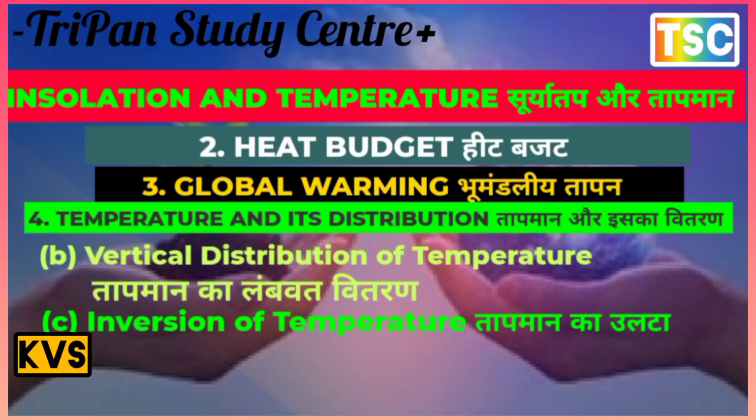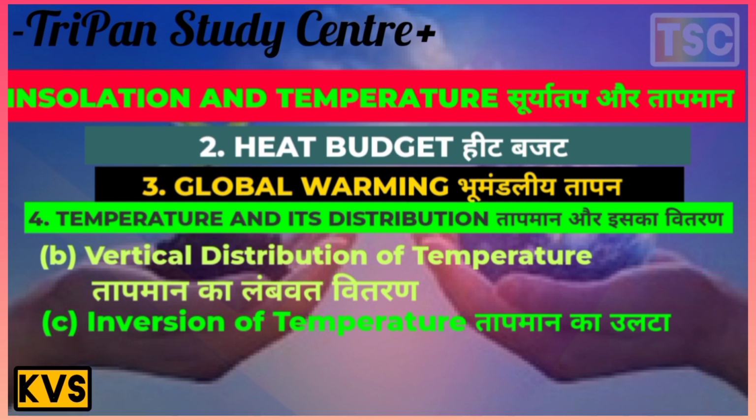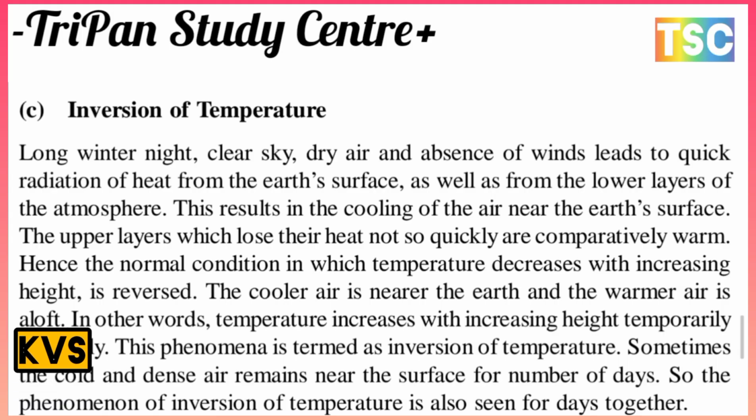On long winter nights, the clear sky, dry air and absence of wind lead to quick radiation of heat from the earth's surface, as well as from the lower layer of the atmosphere. This results in the cooling of the air near the earth's surface. The upper layer, which loses heat not so quickly, is comparatively warm.